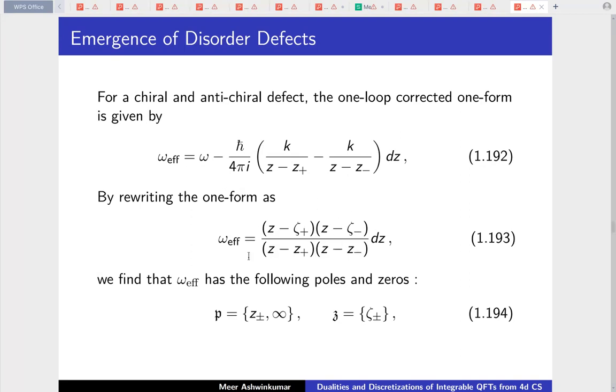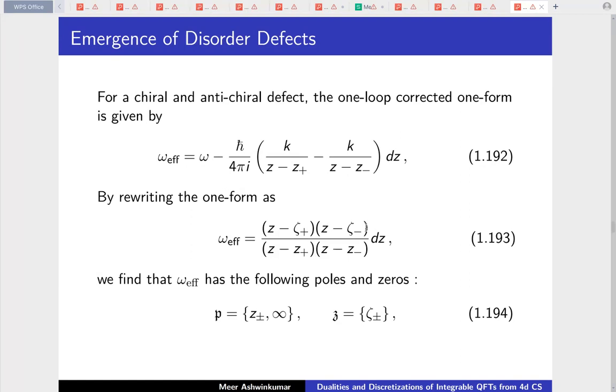So this is a result of the anomaly, and you see now that you have disorder defects emerging, because at the zeros of this meromorphic one-form omega, the gauge fields must have some singular behavior to ensure that the action and path integral of 4D Chern-Simons theory are well defined.